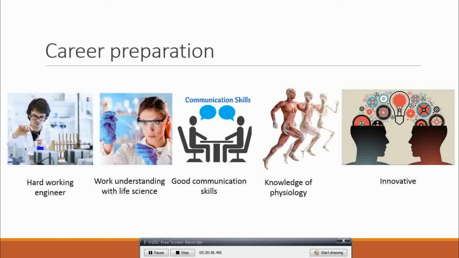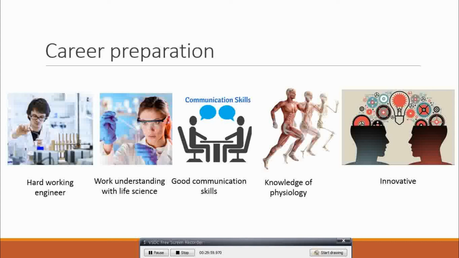So innovative is another part, but we will also try to equip the student in this subject. One is to know a few systems, at least a few important systems, and then which system is being used for which diseases. That's what we aim.